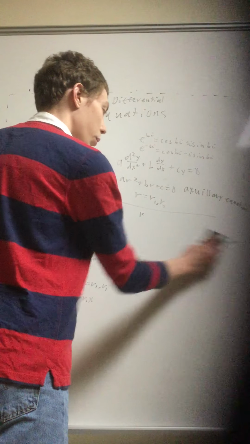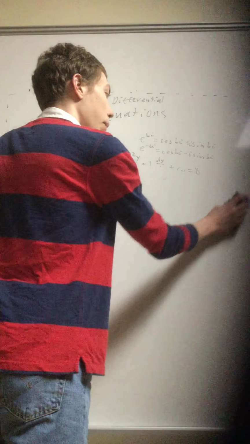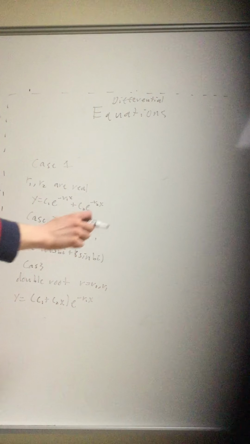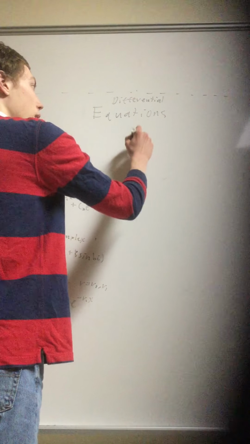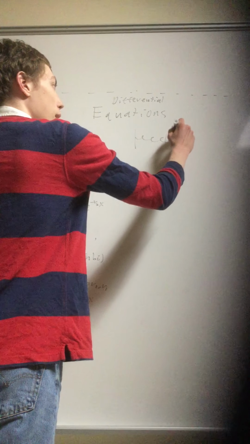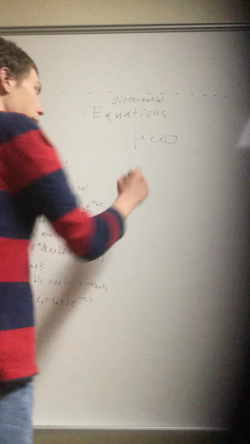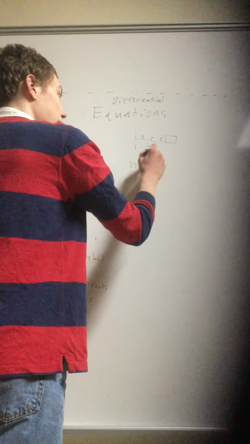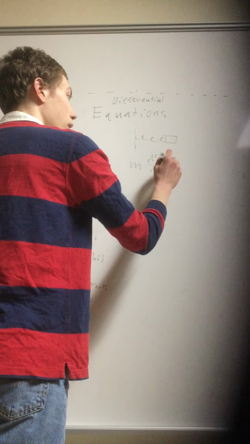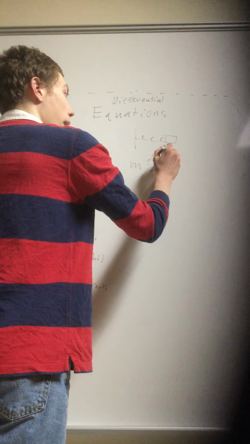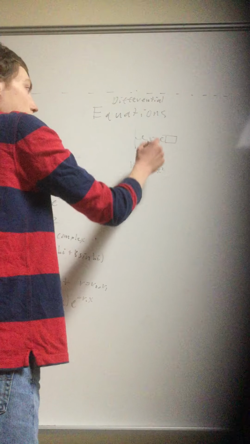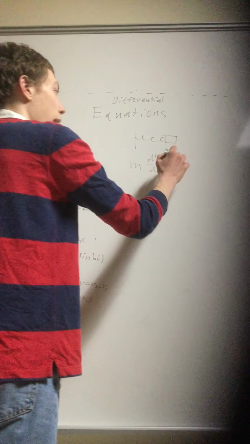So it turns out that there's a really important application of this in a lot of places. Physics. Consider a spring. You have some sort of spring, and it's mounted to a wall. It turns out that the equation can be written as m times d squared y over dx squared. We're going to use y and x, even though they typically use x for the dependent variable position and y for time.